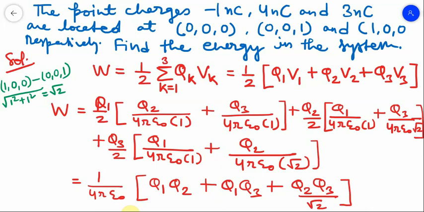We have all the charges given, that is minus 1 nanocoulomb, 4 nanocoulomb and 3 nanocoulomb, so we can put them here.